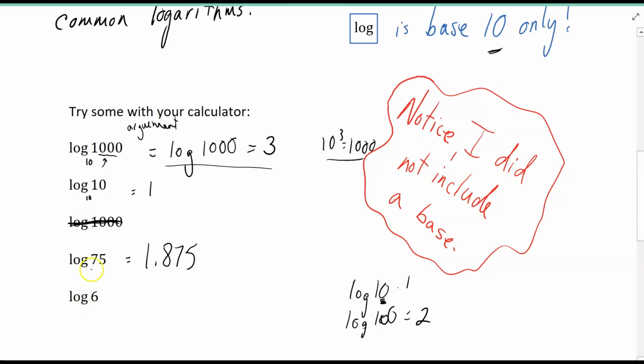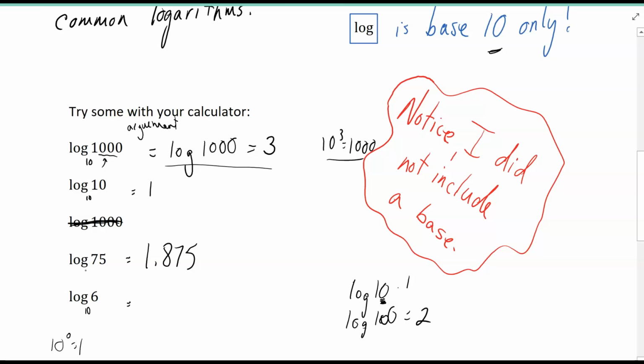Now, what range do you think the next one will be in? What value do we raise 10 to equal 6? If 10 to the 1 is 10, and 10 to the 0 equals 1, and our value is somewhere between 1 and 10, then this number must be somewhere between 0 and 1.